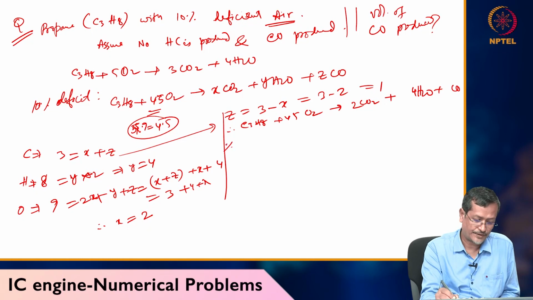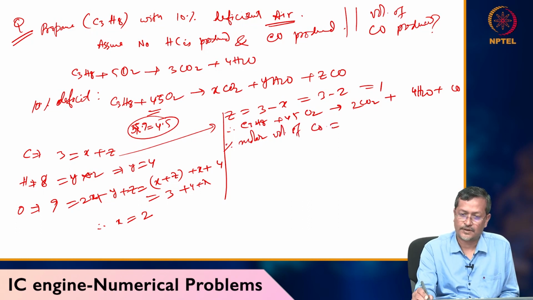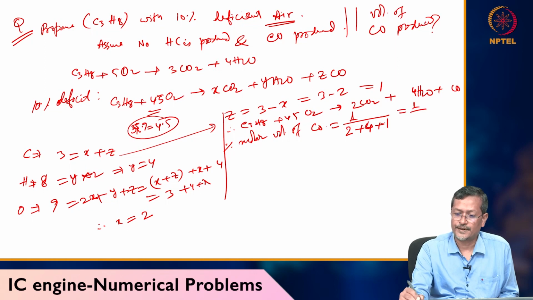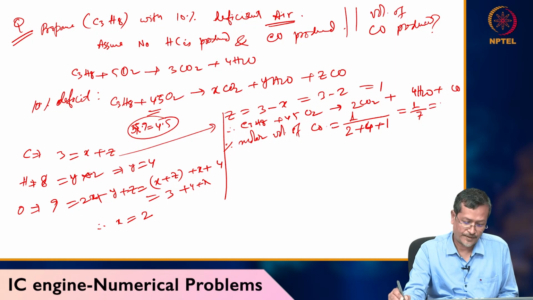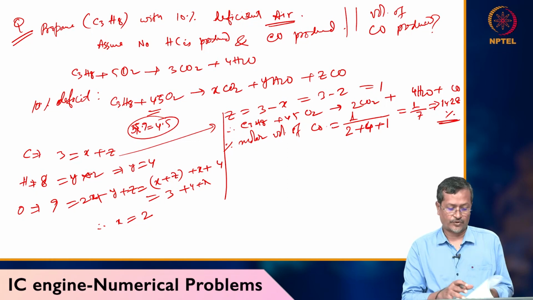Now percent molar volume of CO: right side is 1, and the total moles on the right side are 2 carbon dioxide plus 4 water plus 1 carbon monoxide, so it is becoming 1 by 7, which is 14.28%. So this much carbon monoxide is there.